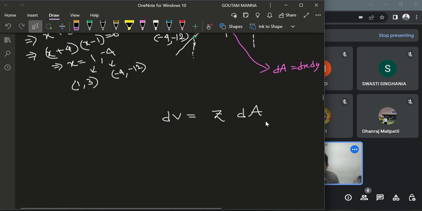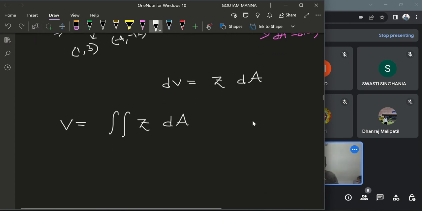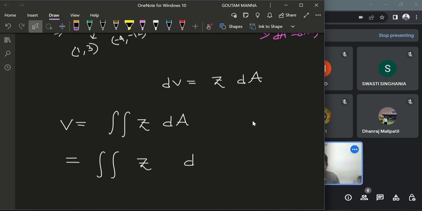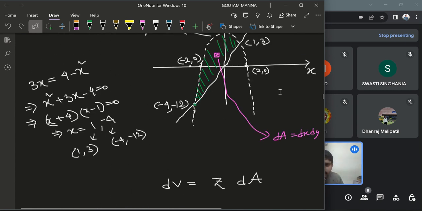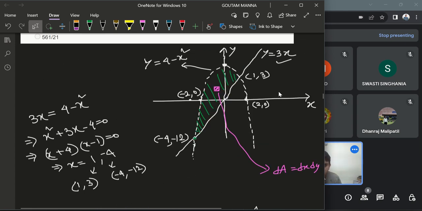So then the total volume will be double integral z times dA, which is double integral z times, so I need to write dy dx, but let's see what's the limit here.